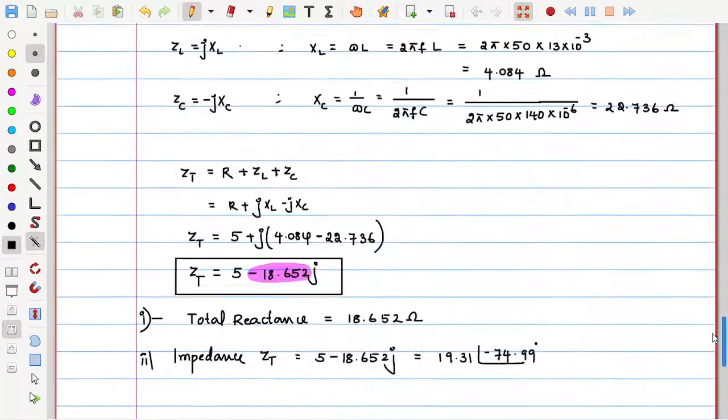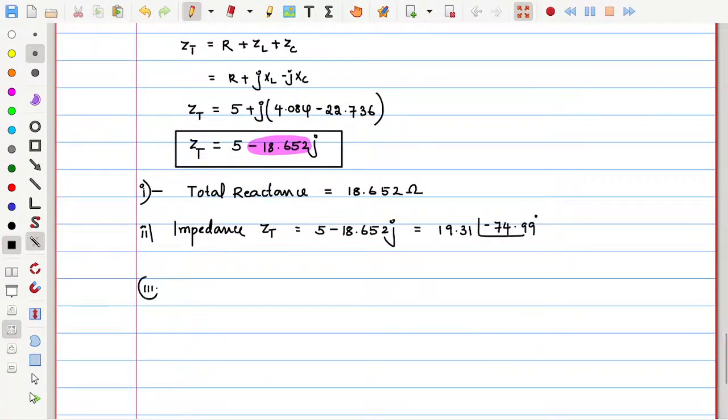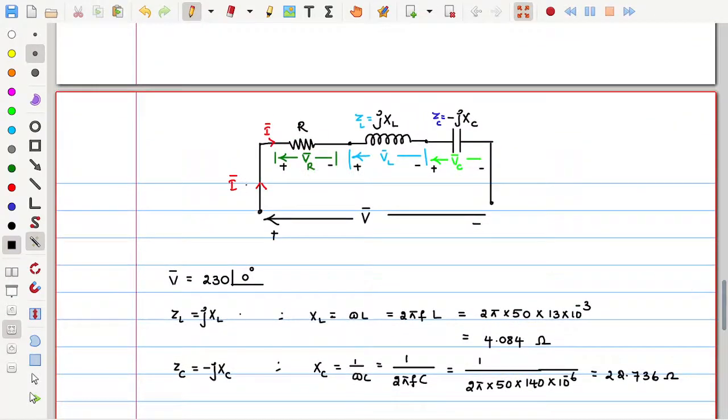So next, what else is there? The current drawn. How much is the current? That can be obtained simply like this. I bar is equal to the total voltage divided by the total impedance ZT. If I want the I and V relationship, I can directly write V by I is equal to ZT, or I is equal to V by ZT.